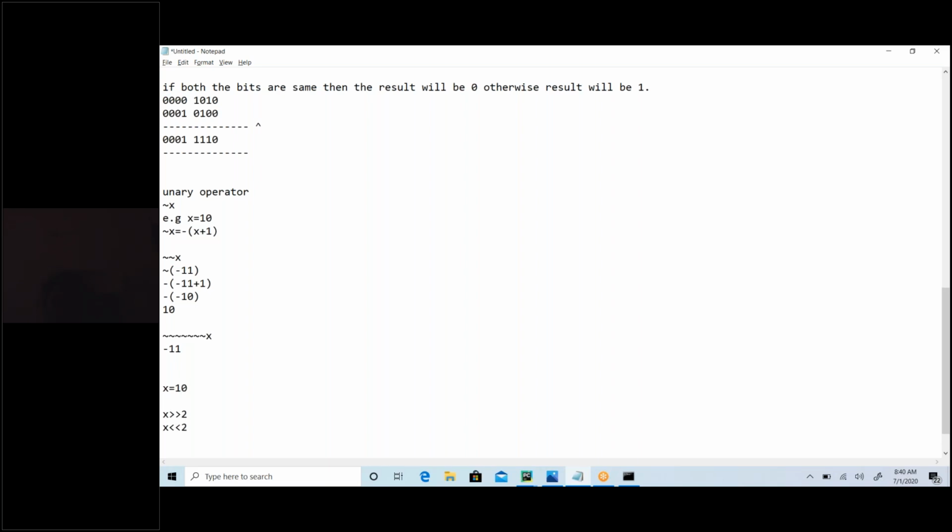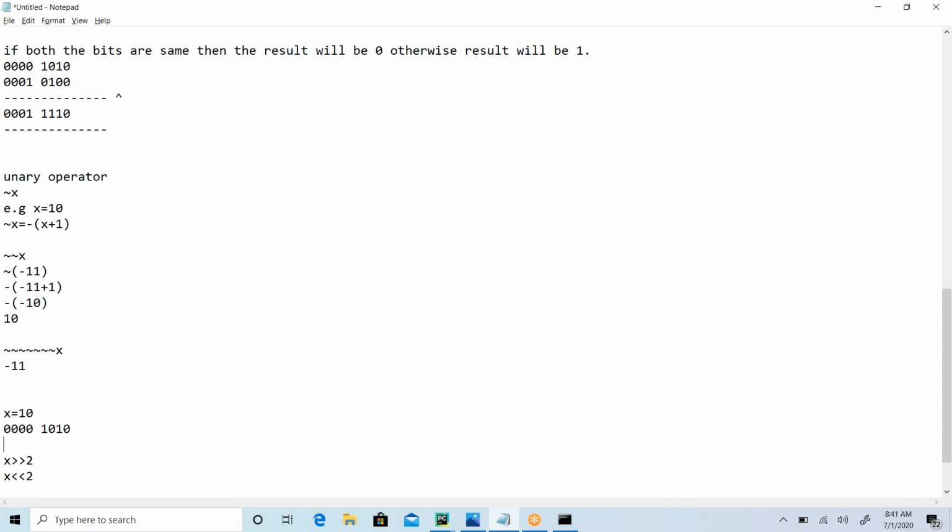And the bit representation, if you look at it, is an 8-bit representation. Now when you say right shift, the bits are going to shift in the right direction. So this 0 comes to here, the 1 is going to be here, again a 0 and again 1 and the remaining zeros.